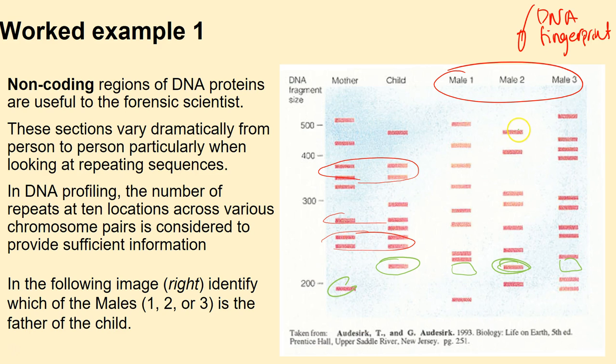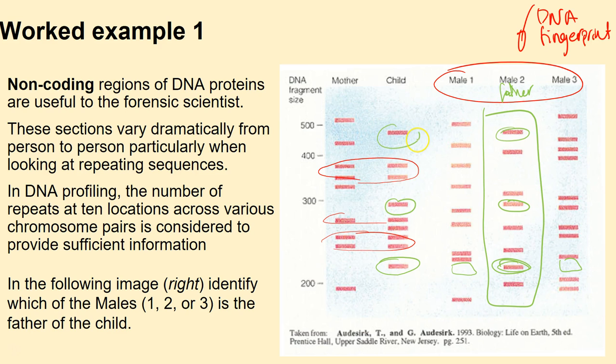But we can see here that we have this band here in this male and here that doesn't appear in any of the other males, and we have this one and this one. So from this, we would say that this is most likely to be the father because they have the most alleles in common between the child and the father, and a lot of the other alleles are coming from the mother.